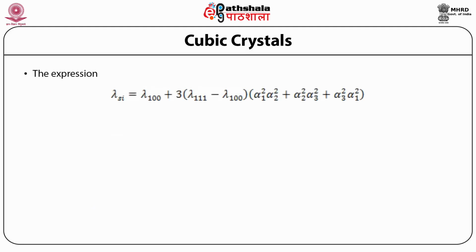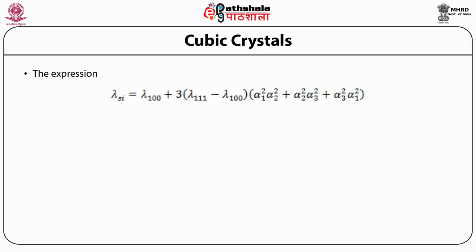The expression for lambda st is equal to lambda 100 plus 3 into (lambda 111 minus lambda 100) into (alpha 1 square alpha 2 square plus alpha 2 square alpha 3 square plus alpha 3 square alpha 1 square).